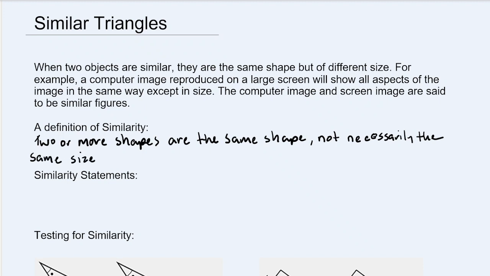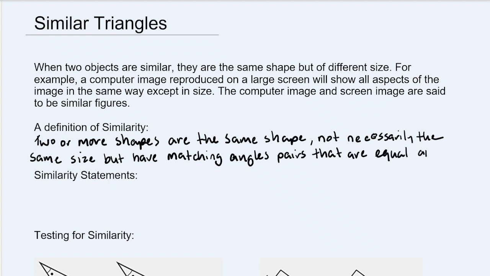But have matching angles, or matching angle pairs that are equal, and matching sides.